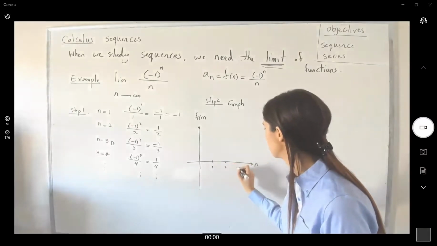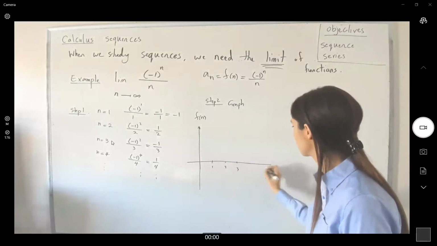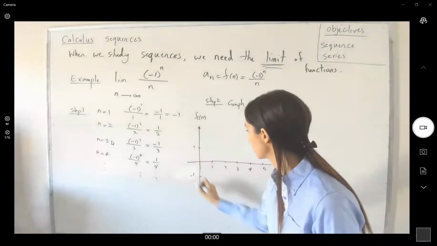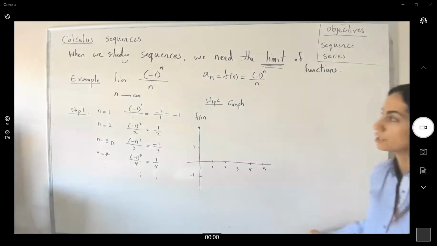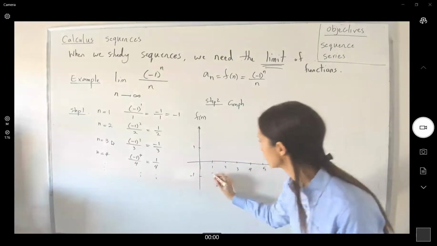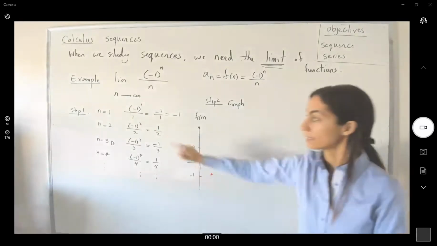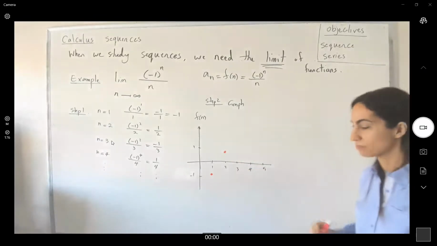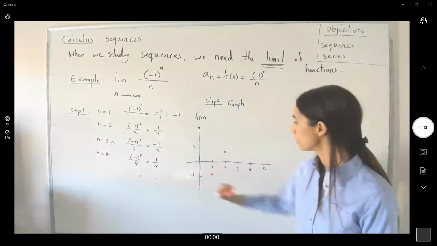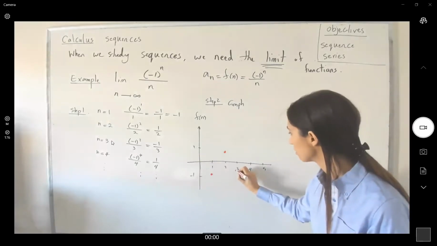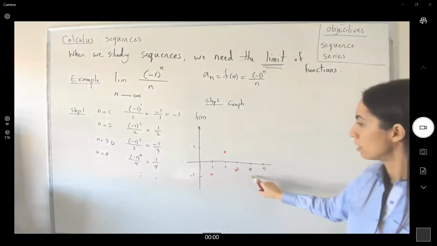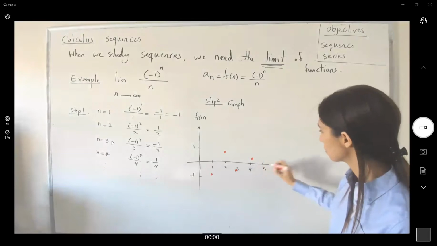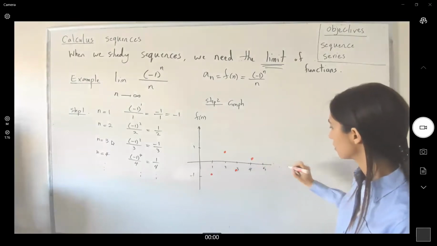So the very first point is 1 and negative 1. First dot. The second dot is 2 and a half. Then we have 3, which is negative a third. I'm getting closer and closer to the horizontal line. Then I have 4, a fourth, and so on. So this is going to be here, here, here, and the rest of the ones.